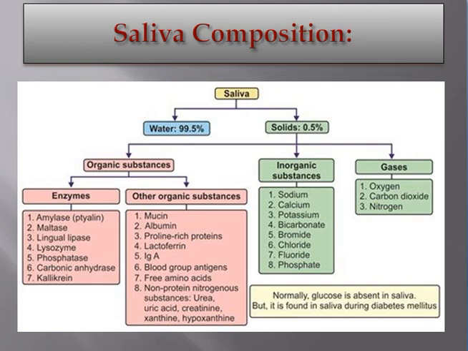The next slide shows us the composition of saliva, and you can see that we can find a lot of different components in saliva. Saliva is mainly composed of the following components. Electrolytes like sodium, potassium, chloride, bicarbonate, calcium, magnesium, phosphate, thiocyanate, and fluoride.